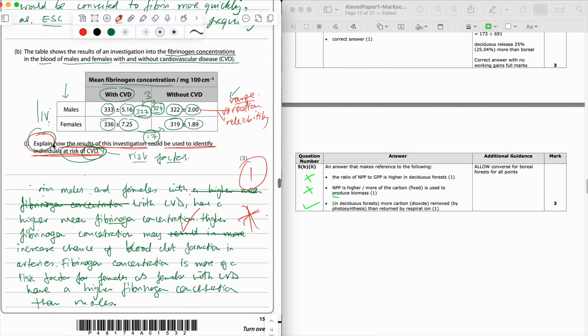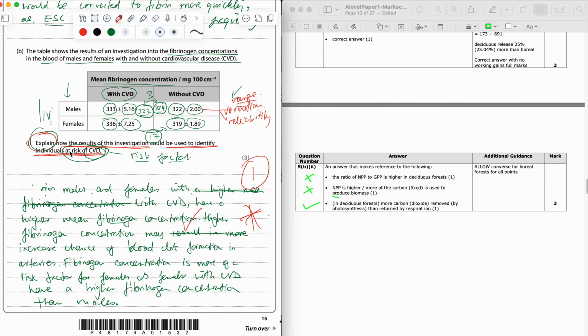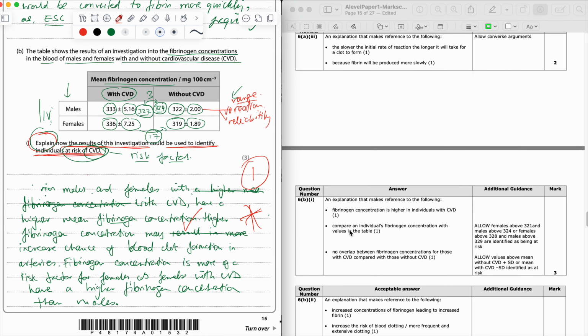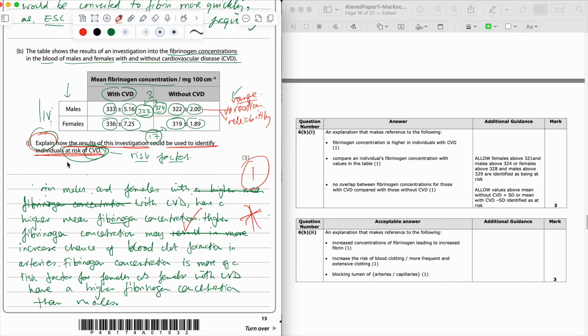I lost a mark here. Explain how, or a couple of marks. Yeah, I did not like this question. I think I just did not understand what it wanted. But if I'm looking at the question now, explain how the results of this investigation could be used to identify individuals at risk of CVD. So now that I look at that, the mark scheme does make a little bit more sense. We're using the results to say who could be at risk.